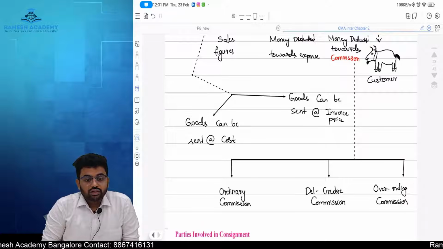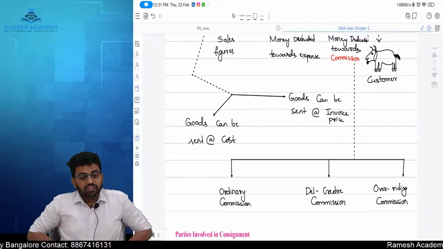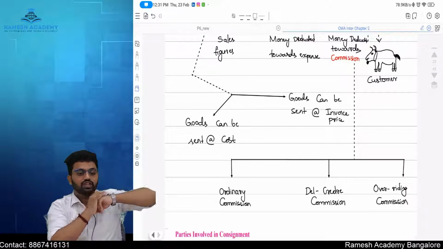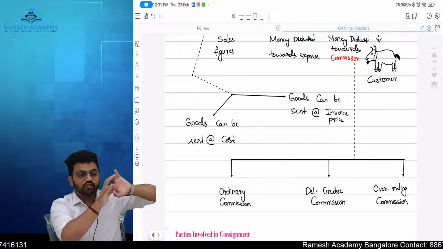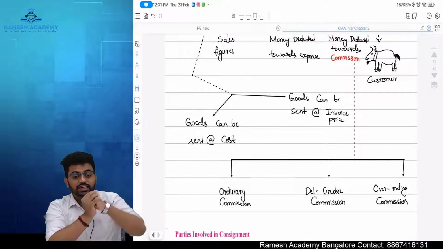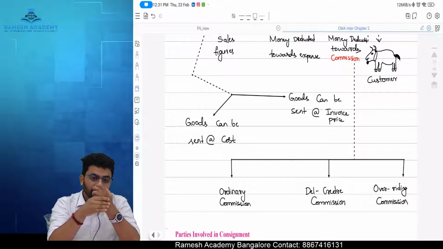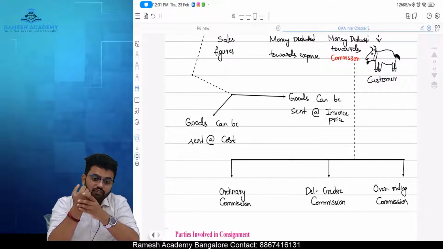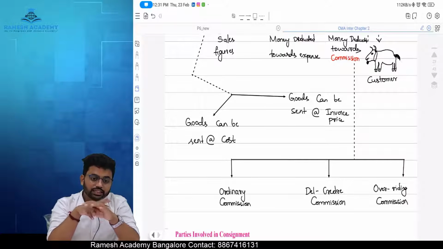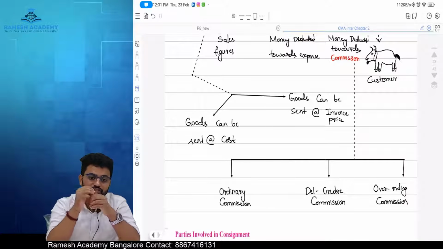But if the consignor wants to transfer the risk of bad debt to the consignee, he will pay a certain commission to the consignee called del credere commission.